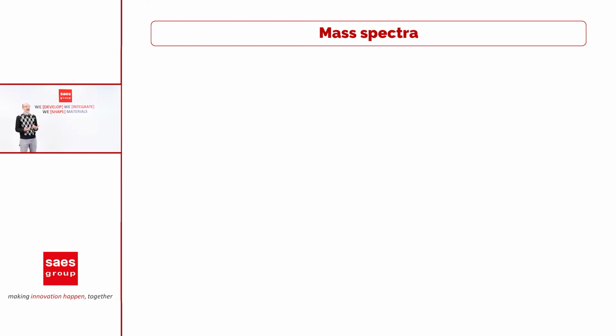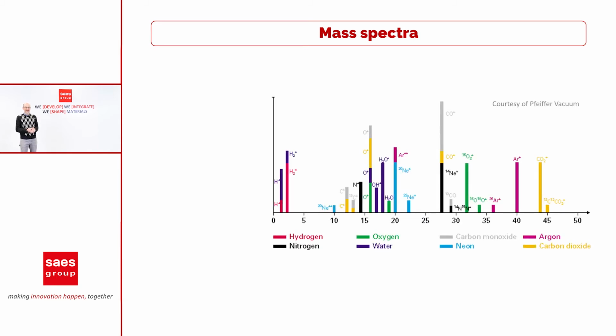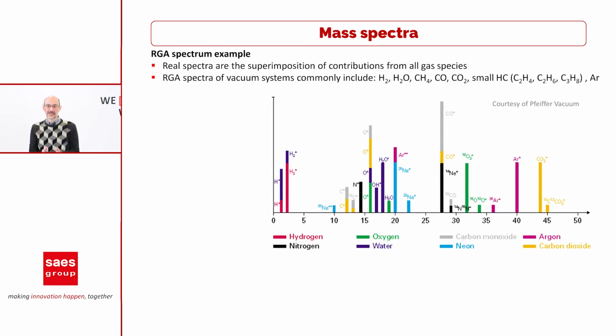Considering that in a vacuum chamber there are a lot of gaseous species, the result is something like that. Commonly in a vacuum system we can find hydrogen, water, methane, CO, CO2, small hydrocarbons, noble gases. So, to interpret the spectrum in a qualitative way, we need at least the typical fragmentation patterns.